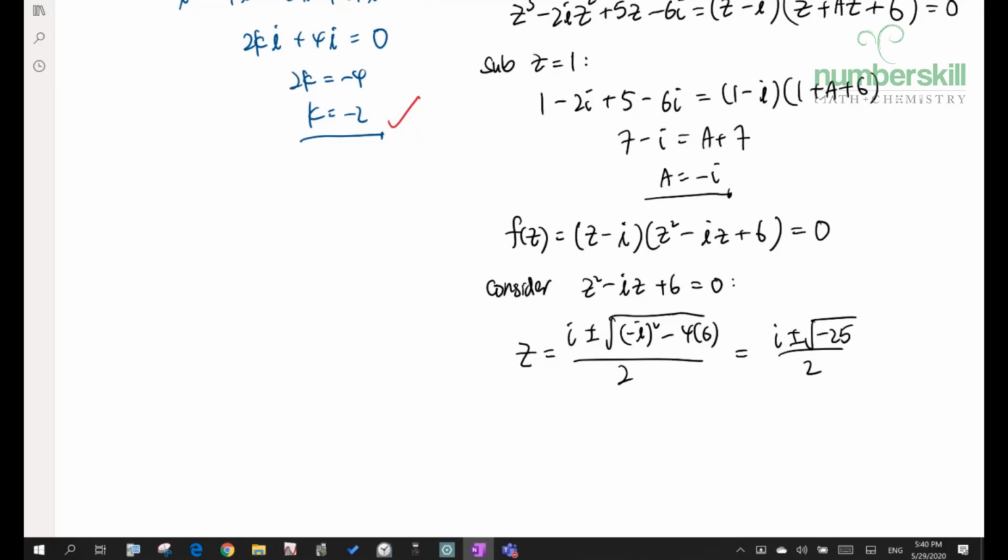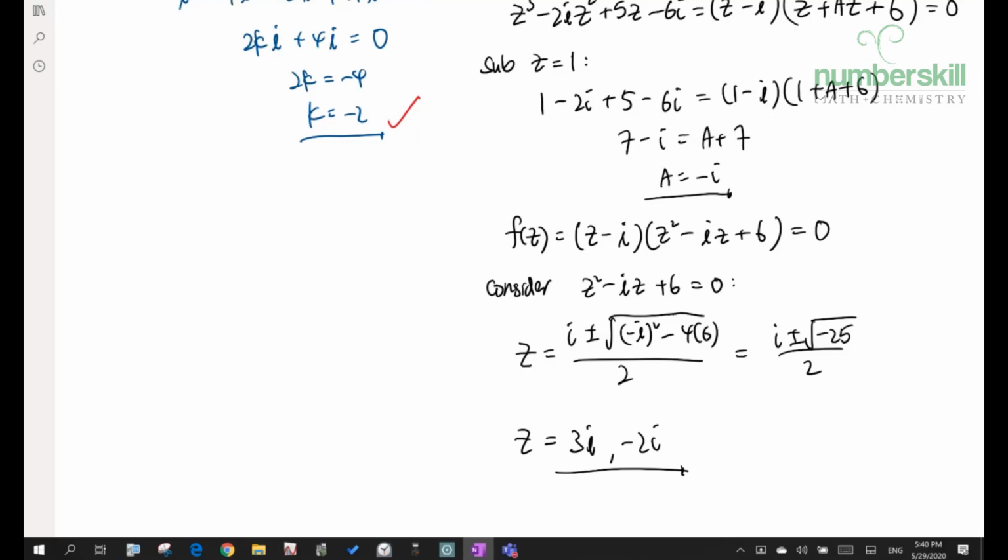Don't be overly shocked. You're A level, so this should not shock you. 25 is 5i, so 5i plus i, that's 6i. 6i divided by 2, that's 3i. Then you have i minus 5i, that's minus 4i. Minus 4i becomes minus 2i.